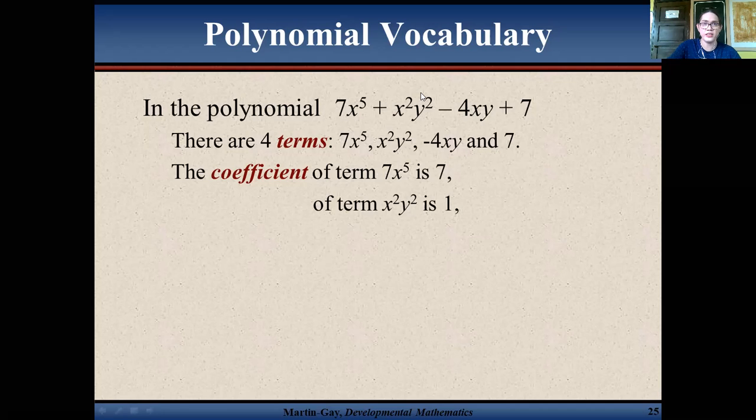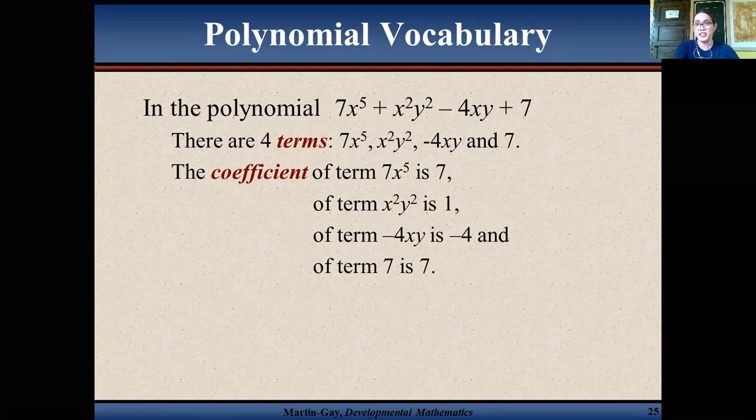Do not forget that. It's not 0. The numerical coefficient of the term negative 4xy is negative 4, obviously. And for 7, since it doesn't have a variable, we call it the constant term, and its numerical coefficient is 7. I hope you can follow.